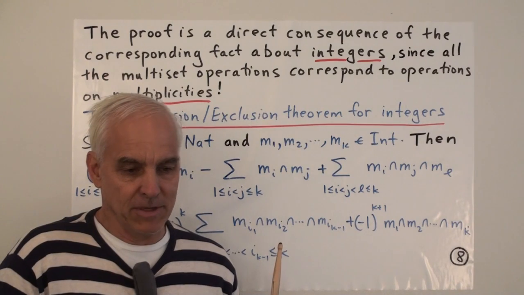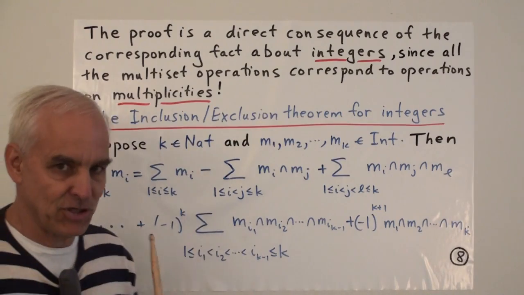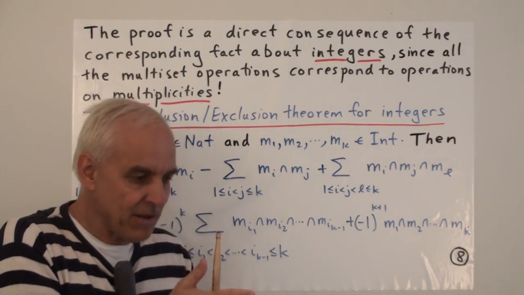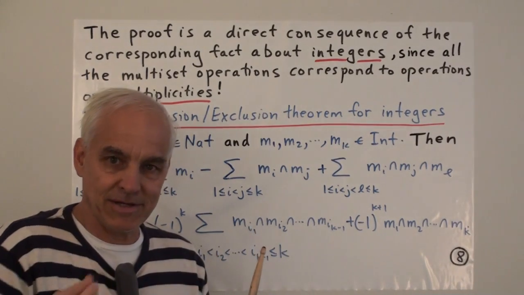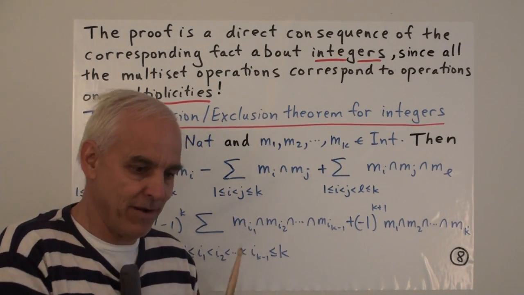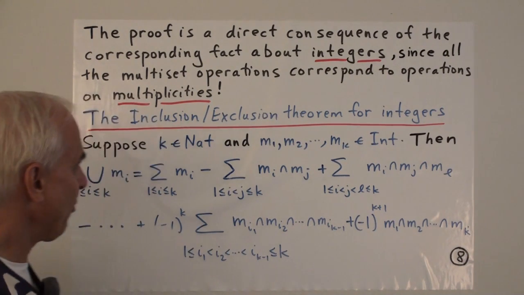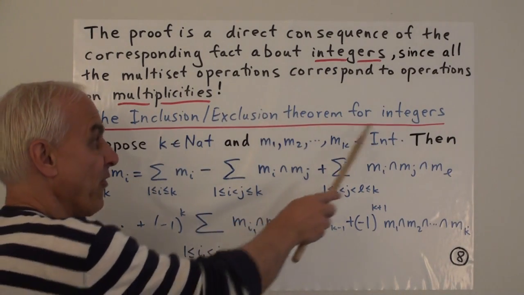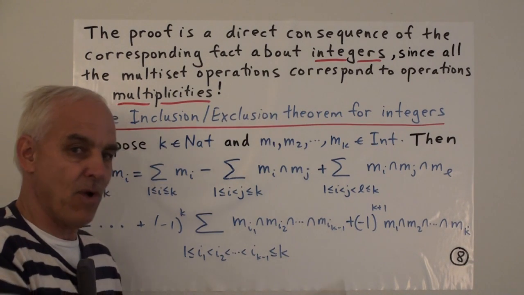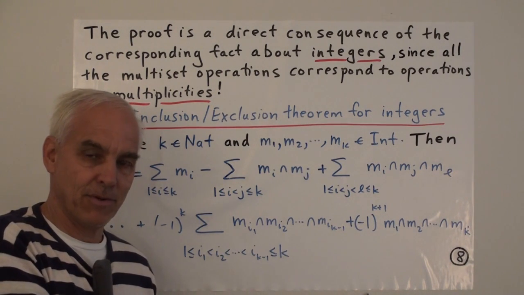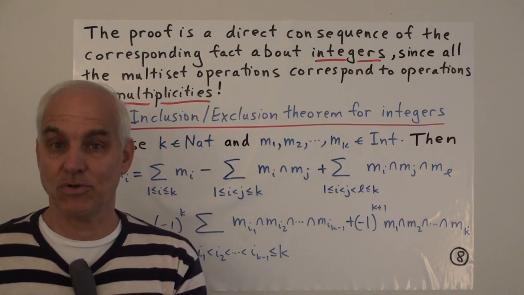If all of our elements are from the range 1 through n, then it suffices to establish the result by the corresponding sort of formula for each element separately. Multiplicities of 1, multiplicities of 2, all the way up to multiplicities of n. So there's a corresponding inclusion-exclusion theorem for integers, which is logically prior to the one for msets. The one for msets really comes down to this corresponding fact about integers.